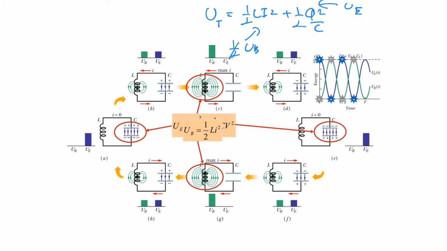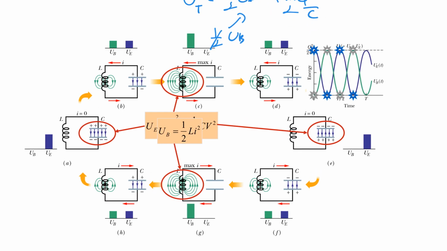Okay, so it's going to oscillate back and forth, and that's the reason why you are going to get this kind of graph. You can see that here the blue one is the energy of the electric field, the green one is the energy of the magnetic field. So what happens is, when energy is fully stored inside the electric field of the capacitor, there's going to be 0 energy stored inside the magnetic field of the inductor.